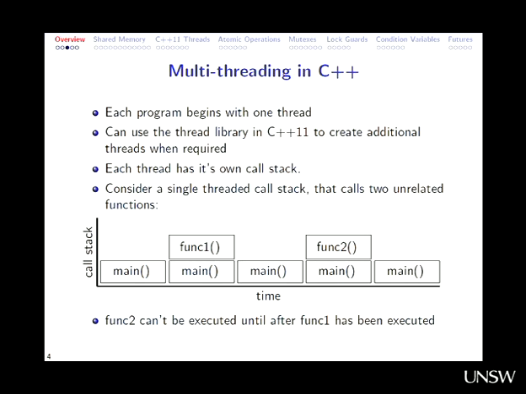So we saw the diagram before, where we had the singular call stack. When you start a new thread, it has its own call stack. So consider this example of a single-threaded program. This is different to the example before. What we've got is function 1 and function 2, and they are unrelated.